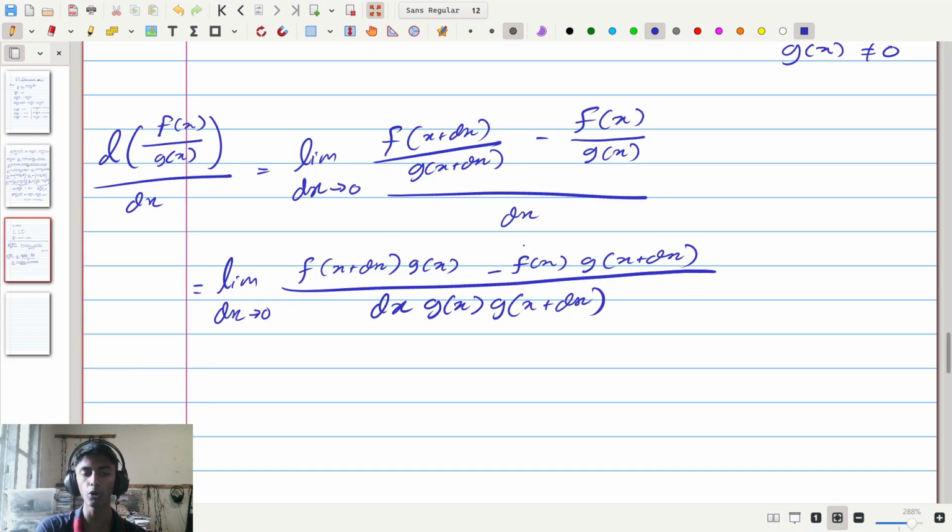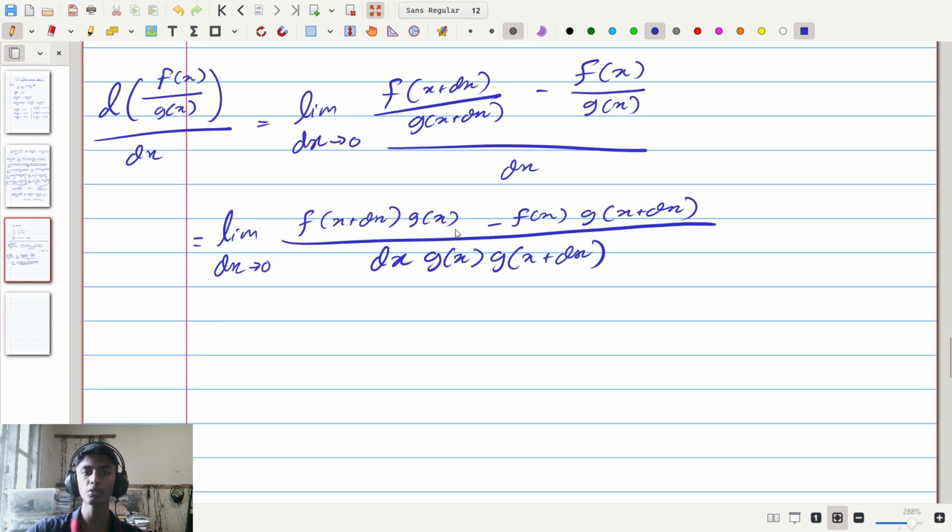So this is what we want to solve. Over here, I'm going to first do some factorizing out. I'm going to take this g of x times g of x plus dx separately. We can do this, of course, because limits work like that.